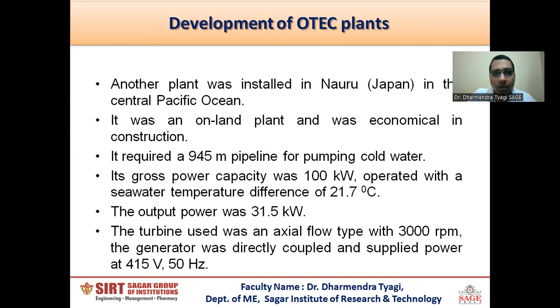Its gross power capacity was 100 kilowatt, operated with a seawater temperature difference of 21.7 degrees centigrade. The output power was 31.5 kilowatt. The turbine used was an axial flow type with 3000 RPM. The generator was directly coupled and supplied power at 415 volt and 50 hertz.